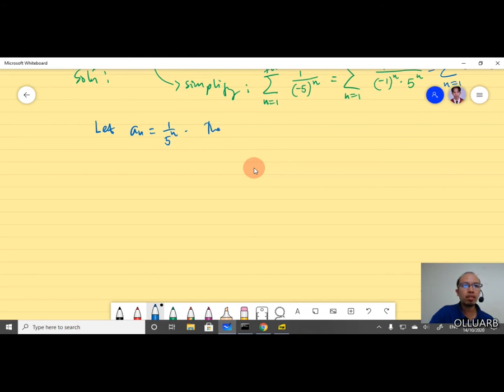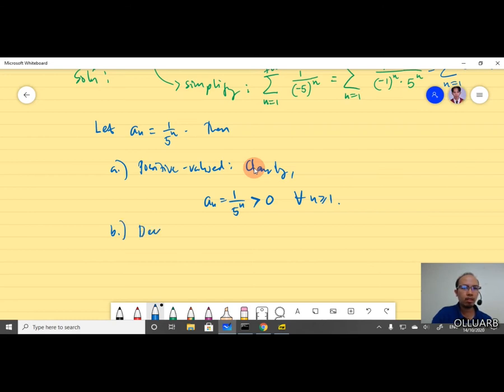Then letter A, clearly for positive valued, our a sub n, which is 1 over 5 to the n, is always positive for all n greater than or equal to 1. How about decreasing?